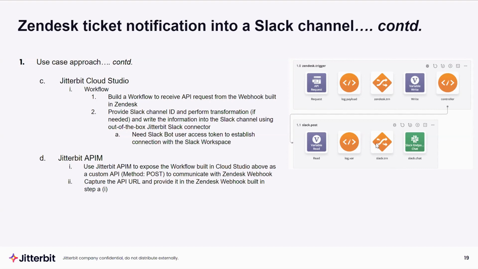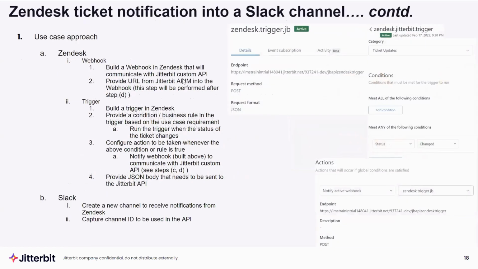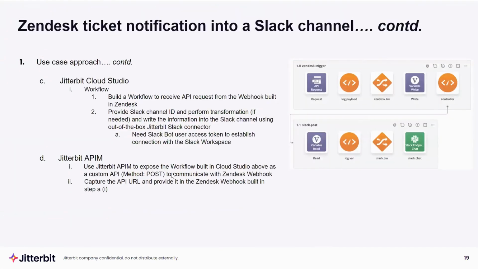And the Slack channel ID that we captured in the previous step was mentioned here so that the API knows which channel to push that notification into, right? And that's it. We use this to build an API. And then we provided that API URL in the previous step that I showed you. So this came from here. And that's it.